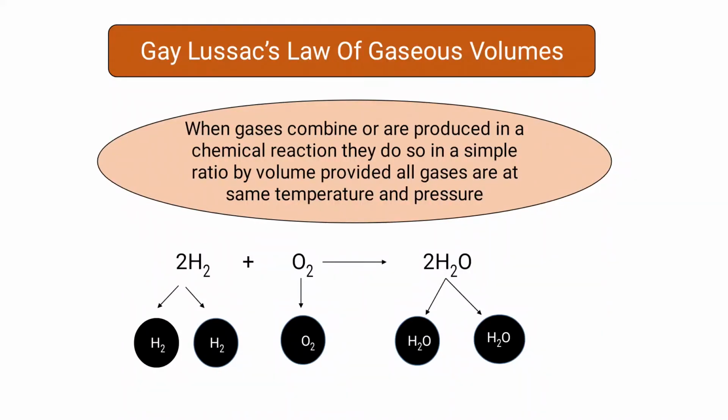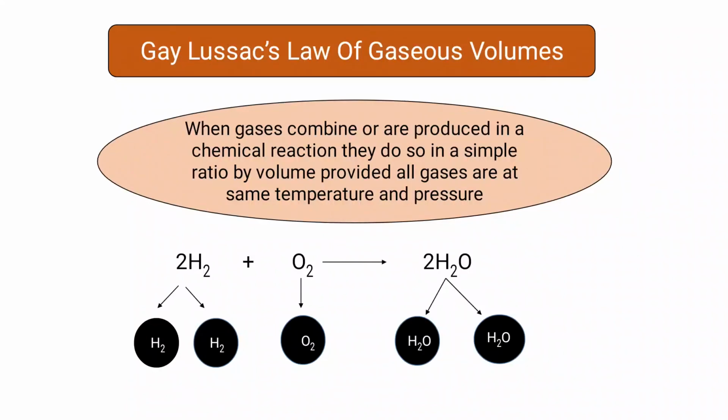So whenever we have reactants and products which are gases, then they are said to have simple whole number ratio to each other by volume. But what's the condition over here? The condition is that the temperature and pressure of all the reactants as well as the product should be same. So what is the simple whole number ratio?